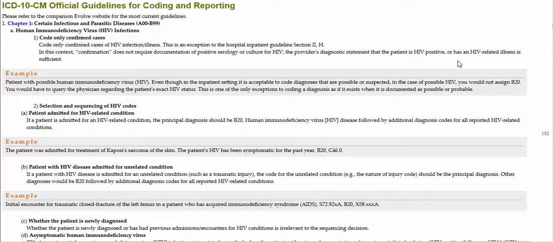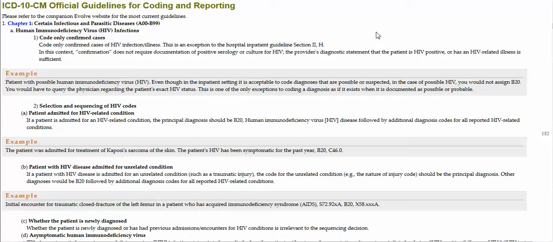So when it says here that this is an exception to the hospital inpatient guidelines section 2H, that means if you think back to your coding guidelines where you talked about being able to code something that was probable, rule out, suspected, anything like that, as if it really existed.